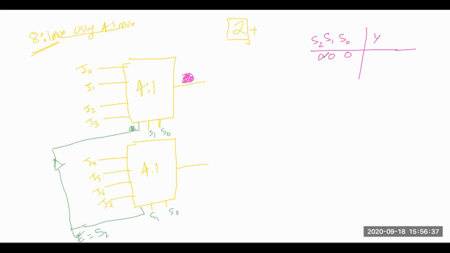This S2 is basically 0, so this 0 with this NOT gate you will get 1. If you are getting 1 here, it means this first 4:1 multiplexer is activated now. After activation, if you take S1 and S0 both 0 0, you will get I0 here. And since S2 is 0, at this point you will get 0, which means this lower 4:1 multiplexer is not activated. If it is not activated, no need to bother about S1 and S0. Directly you will get 0 as your output.